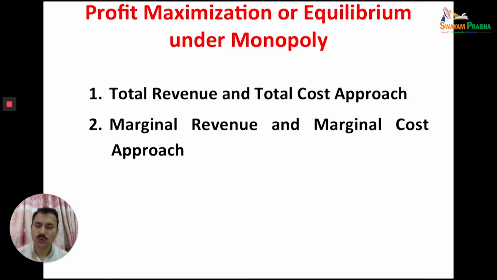But the second one is the more popular approach to know the equilibrium of the firm, whether under perfect competition, monopolistic competition, which we'll discuss in the next module, or monopoly. These two approaches are very, very important: the total revenue and total cost approach and the marginal revenue and marginal cost approach.